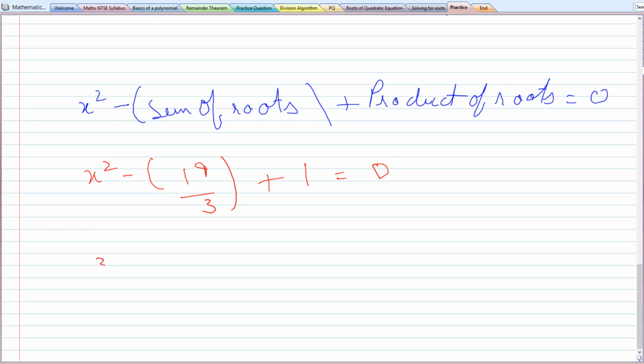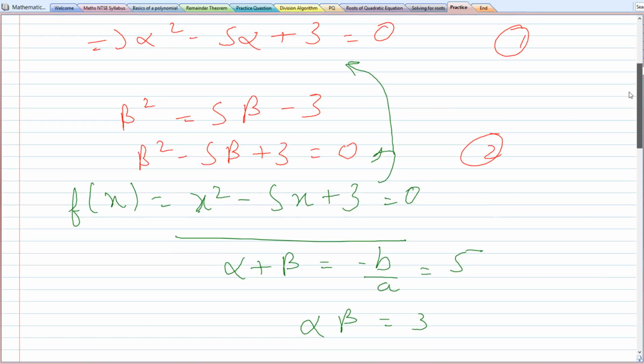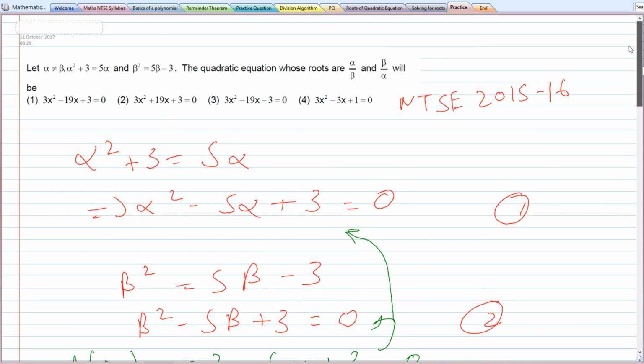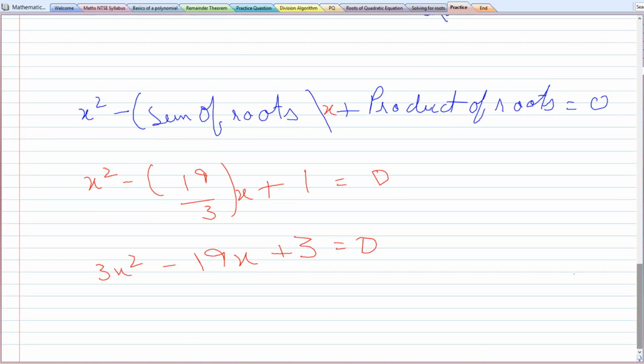Multiplying all sides by 3, we get 3x square minus 19x plus 3 is equal to 0, which is our option number 2, the correct answer.